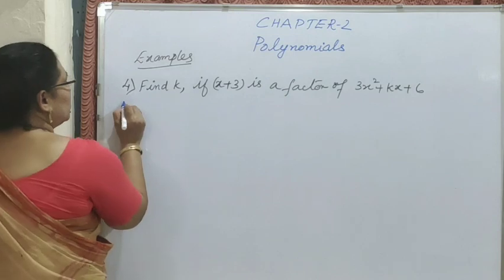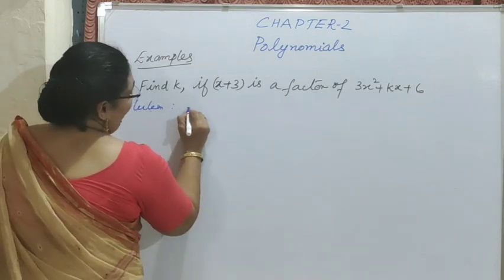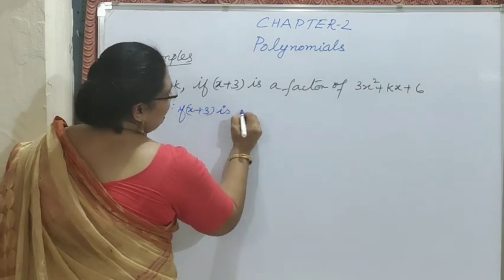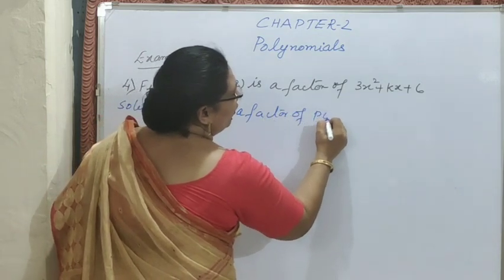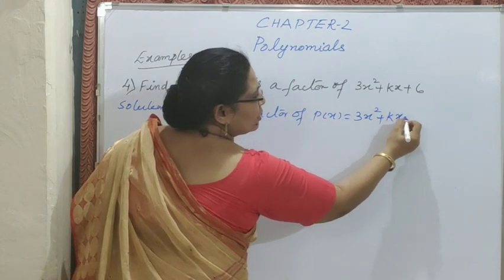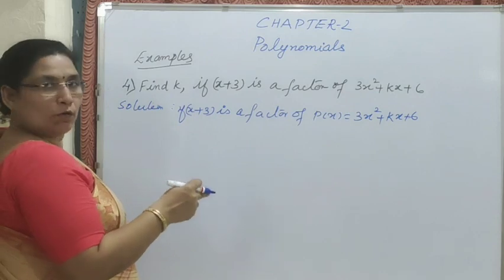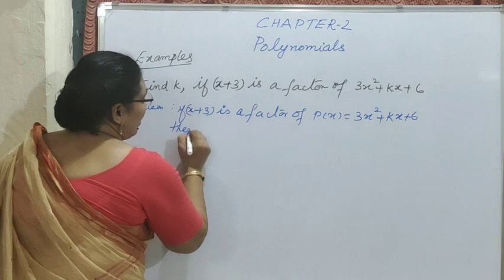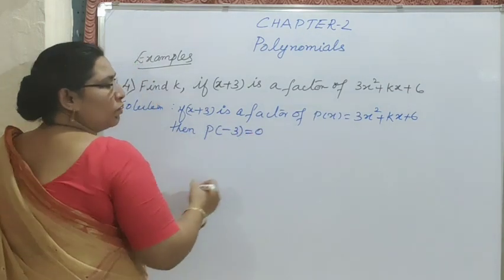So I will write the solution like this. If x plus 3 is the factor of p of x equal to 3x square plus kx plus 6, then by factor theorem p of minus 3 equal to 0.